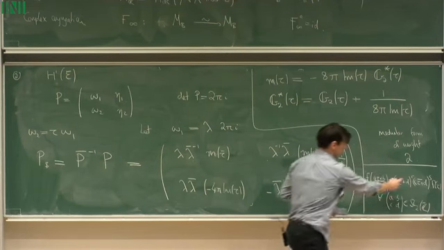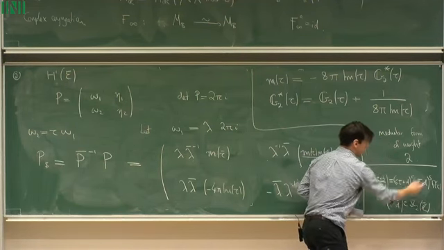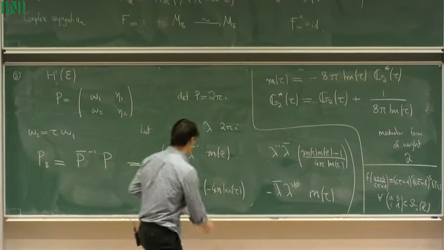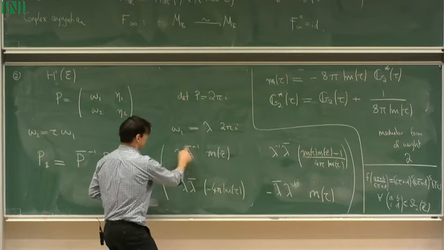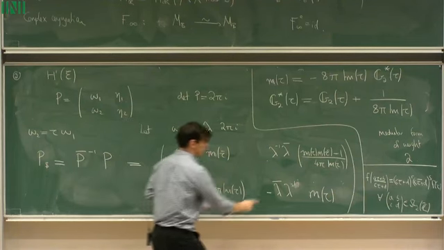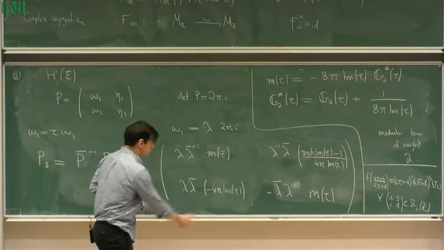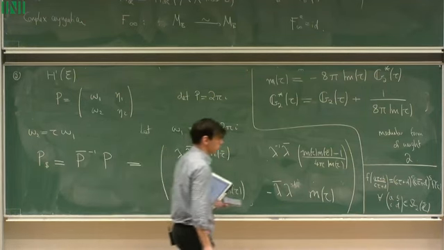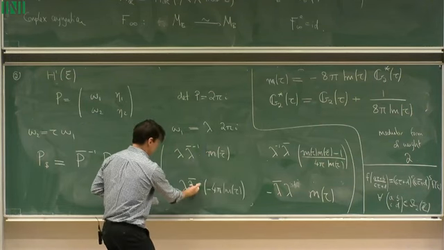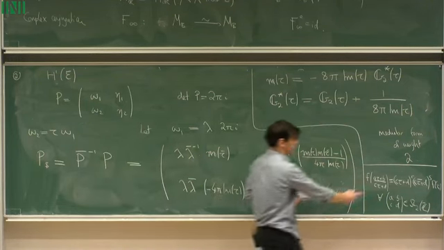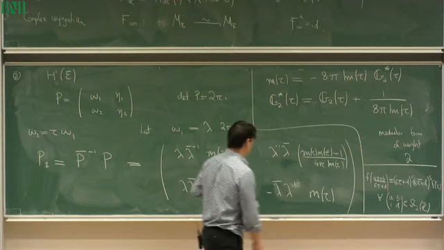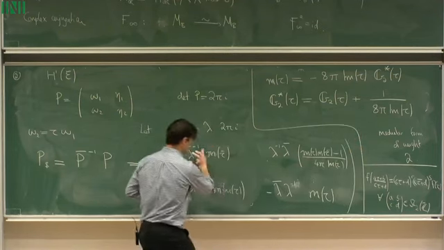There's a holomorphic weight r and an anti-holomorphic weight s, and they exactly correspond to these powers of lambda. So im tau has a certain modular transformation law. You read it off from lambda, lambda bar. It tells you that r and s are both minus 1, I believe. And here r and s are both plus 1, plus minus, minus plus.